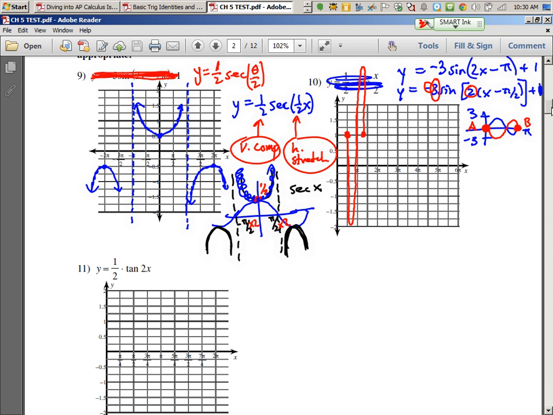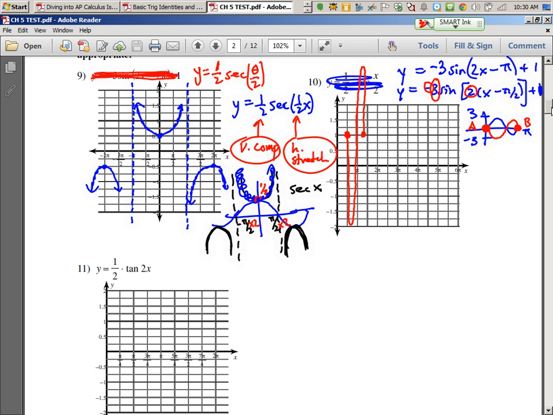I know, it is a little different. I don't know what your scale is, but basically you need this shape and then shift it to the right pi over 2 and up 1, wherever your graph paper is.